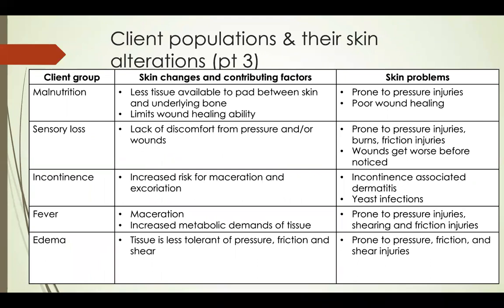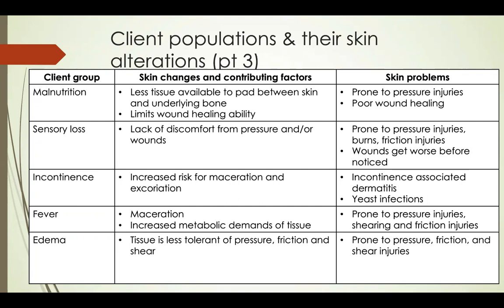Part 3 of this. So other things that can cause skin alterations: malnutrition, sensory loss, incontinence, fevers, and edema. With malnutrition, they may be losing a lot of weight as a result of their poor nutrition.